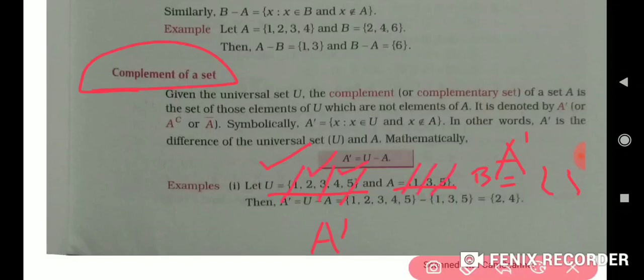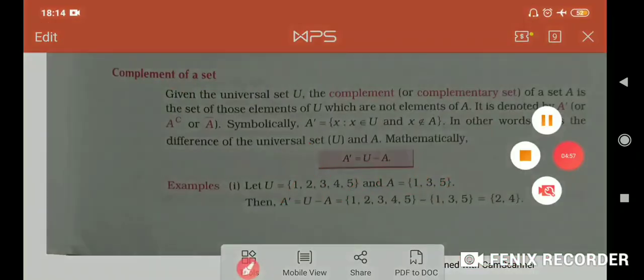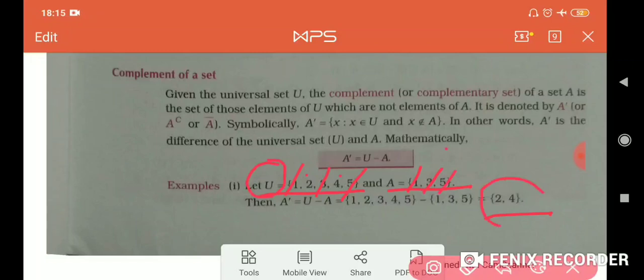So the elements in the universal set other than A are known as the complement. Just see 1, 3, 5 are there. What are the elements that are not present in A? 2 and 4. So the elements of the universal set that are not present in A will be the A complement.